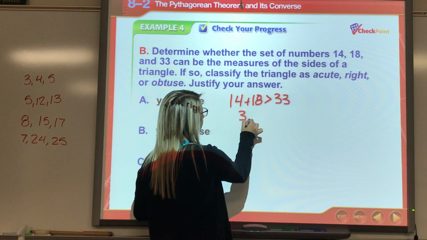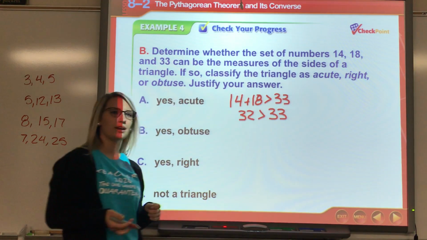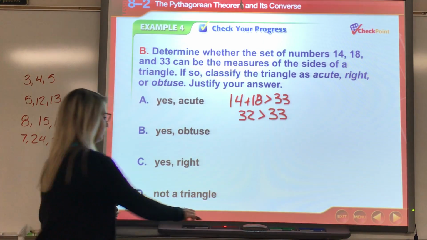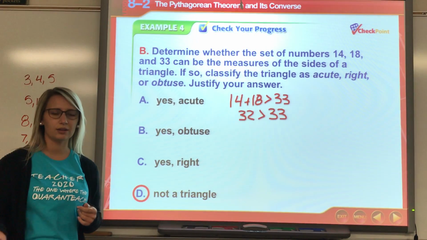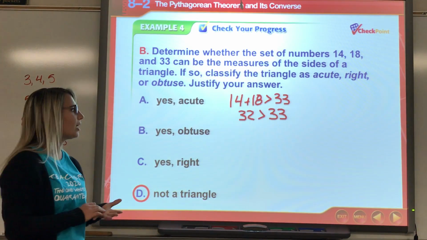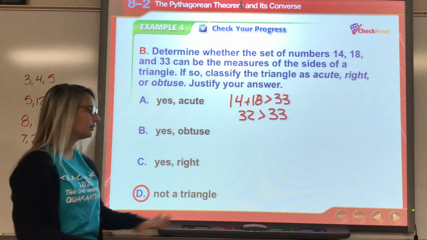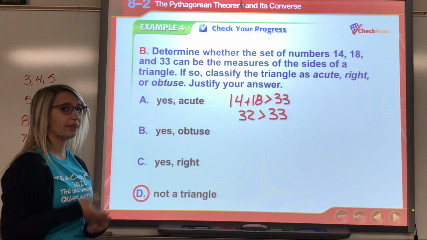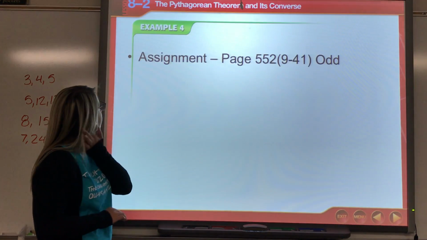This gives us 32. And that's not greater than 33. So right off the bat, we know that it's not a triangle since that's not true. So if we ever have any two sides that are not greater than the third side, it's not a triangle. And that's why we have to check to see if these side lengths work or not.